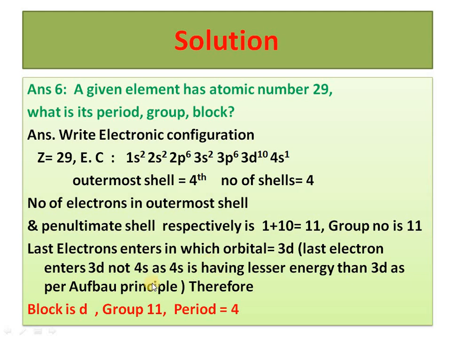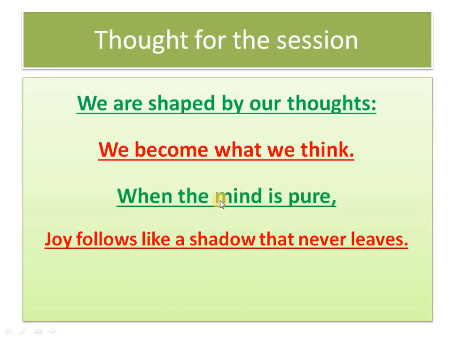It means it is the 4th period, and the group is found by adding which electrons? 3d10 and 4s. 4s is outermost and 3d is penultimate. Now you understood what penultimate is: one less, 3d. Last electron enters 3d, the penultimate, and 4s is the outermost shell. So we know from the Aufbau principle that 4s is filled first. This way you can solve each and every question regarding group, period and block.